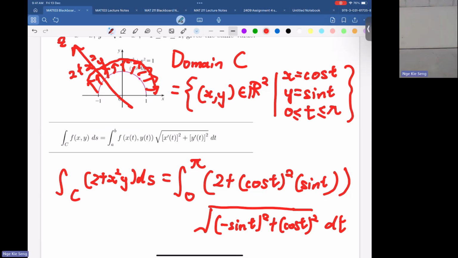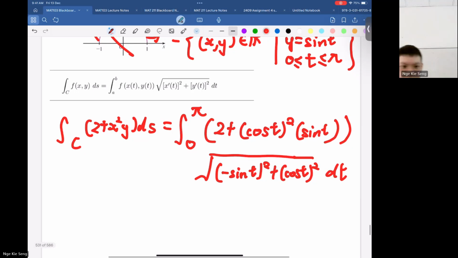So in principle, this ds and C live in R2. But once we parameterize it using one variable, then we integrate over one variable. But there's an extra expense here, this length contribution. All right, so can you quickly compute what this is?